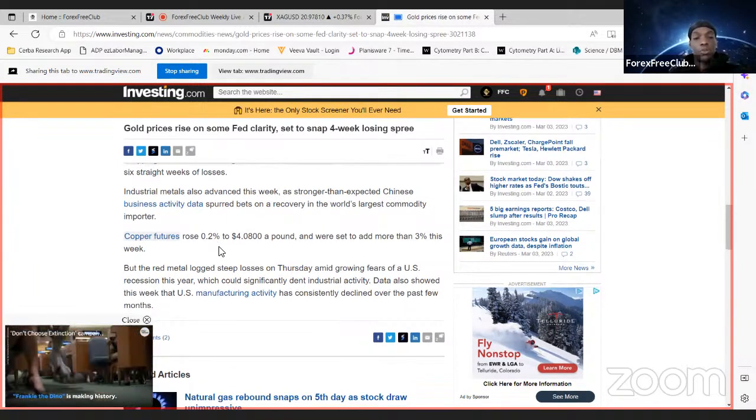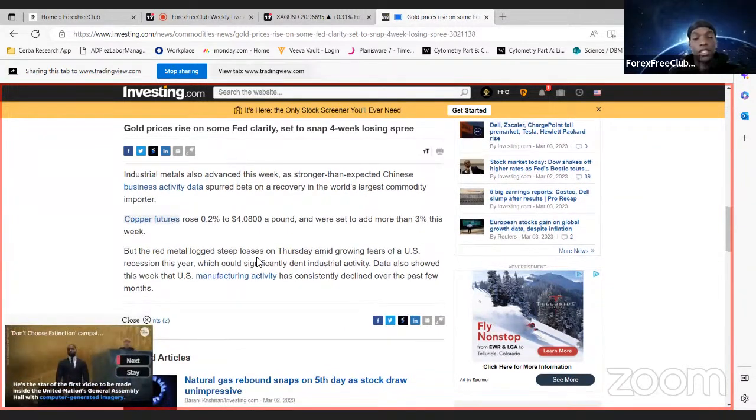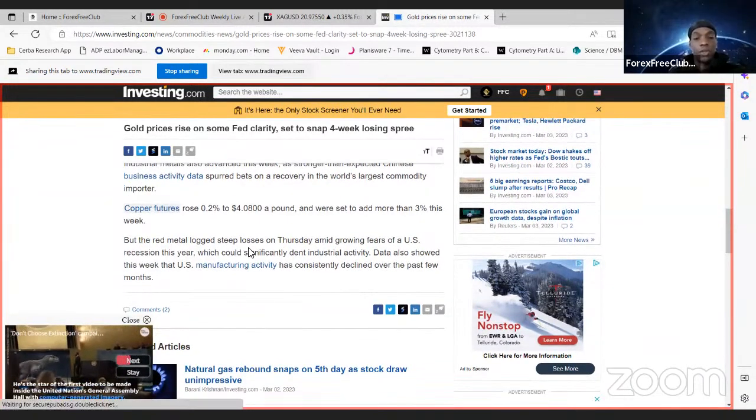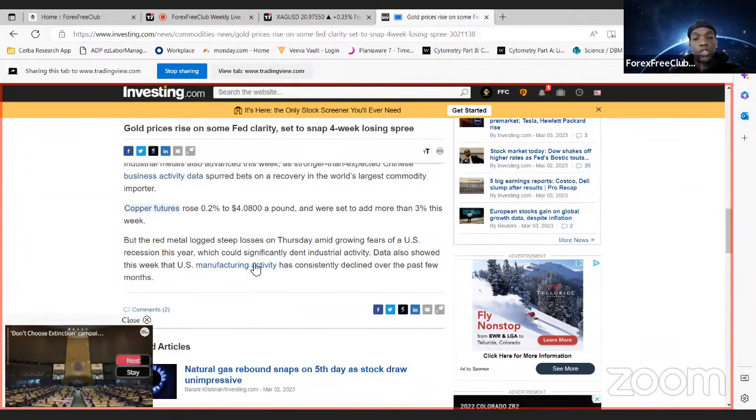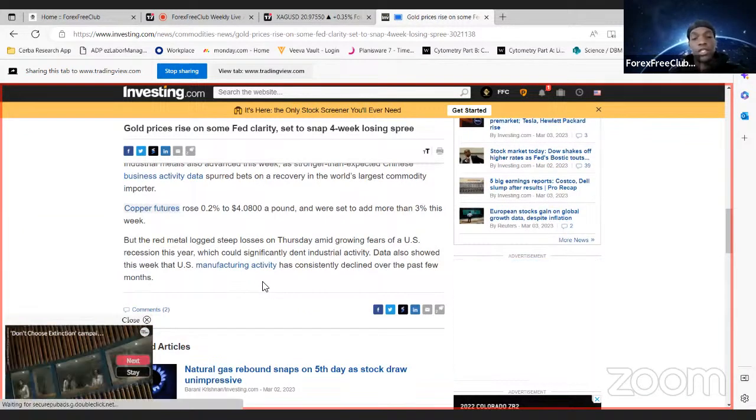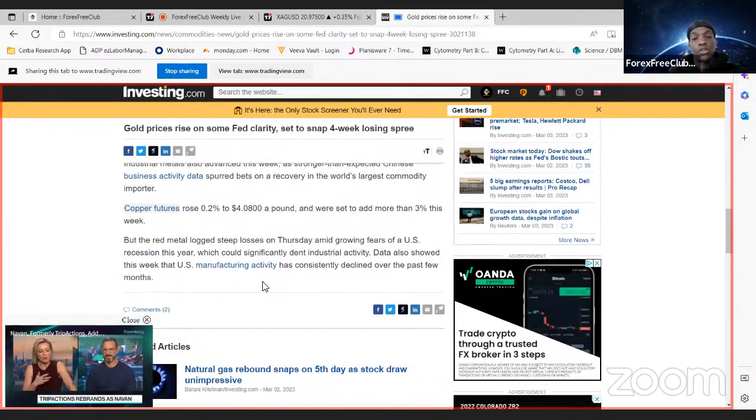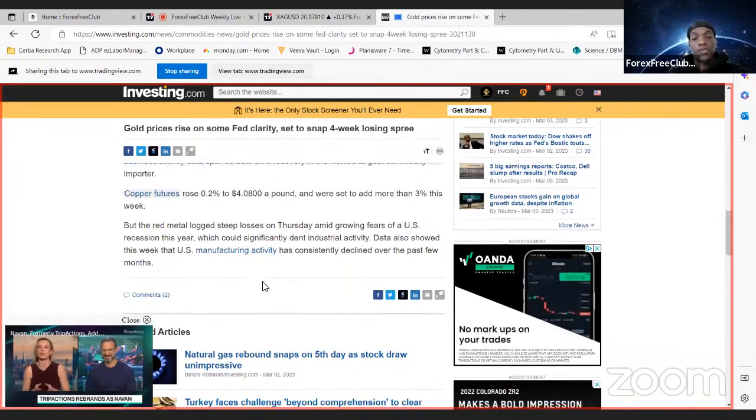Copper futures rose 0.2% to $4 a pound and were set to add more than 3% this week. But the red metal logged steep losses on Thursday amid growing fears of a U.S. recession this year, which could significantly dent industrial activity. Data also showed this week that U.S. manufacturing activity has consistently declined over the past few months.